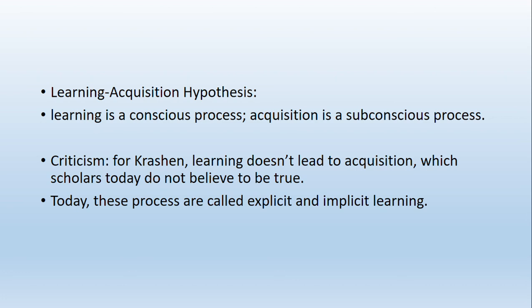No, I didn't look up in a dictionary all the words I know. So how do I know these words? I have no idea. So this is the implicit learning. We do not say learning and acquisition as different things, because then we are saying that Krashen was right, that learning does not lead to acquisition. But today scholars do not believe that. We just call it explicit and implicit learning.